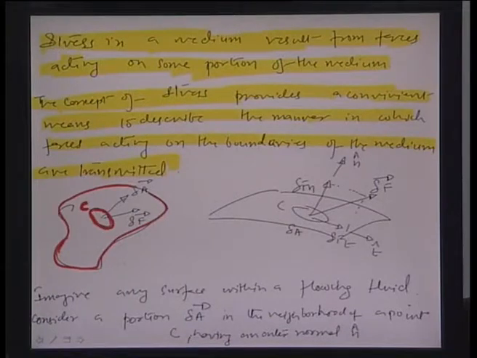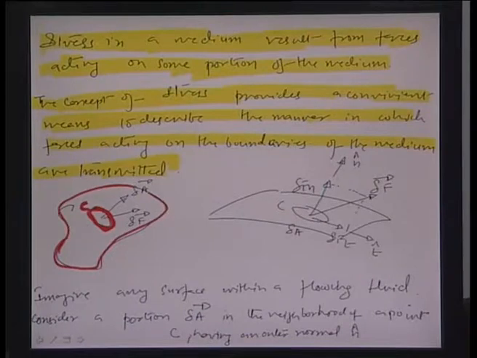Now, any area, as we know from vector geometry, can also be represented by a direction perpendicular to the area in question. So, if we are considering this small area element as illustrated here, and let us say the value of this area is delta A, we can represent this area by a unit normal vector pointing away from this area and perpendicular to the area, and we call it delta A vector.